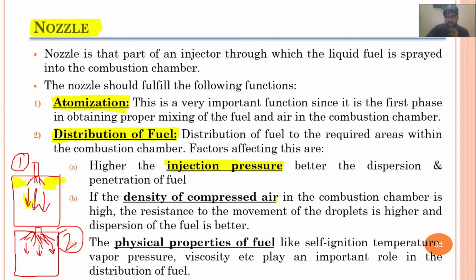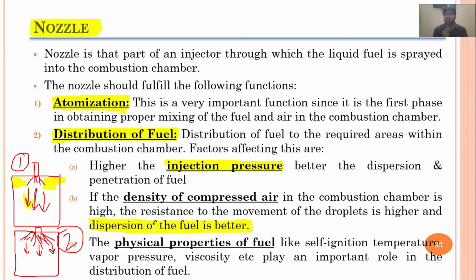So if the density of the compressed air in the combustion chamber is high, the resistance to the movement of the droplet is higher and the dispersion of the fuel is better. More compression: this point represents that air density would be higher when we have utilized larger compression ratios.